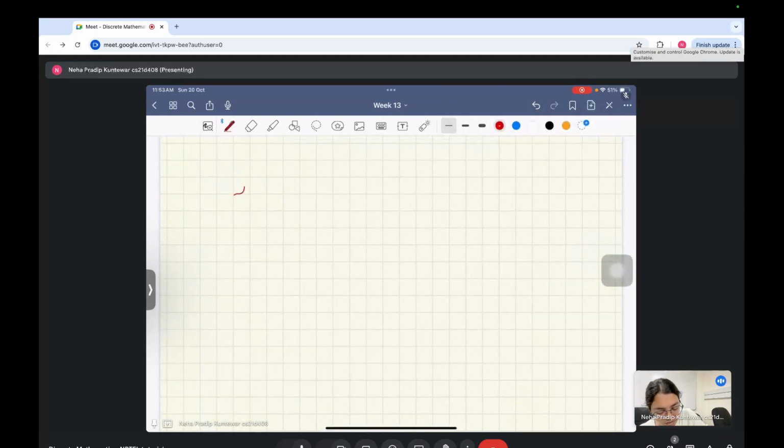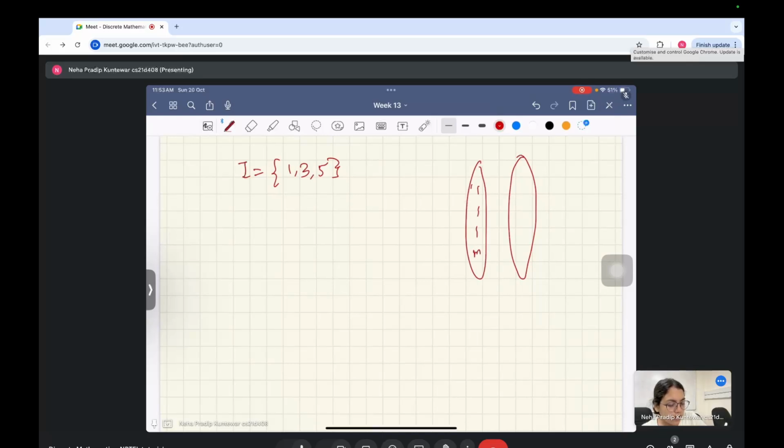Let's say that I for me is 1 3 5, like we said earlier. Maybe I'll take a simpler example. So I'll say 1 2 3, and then you have 1 2 3 on the other side, and then you have the rest of the elements.